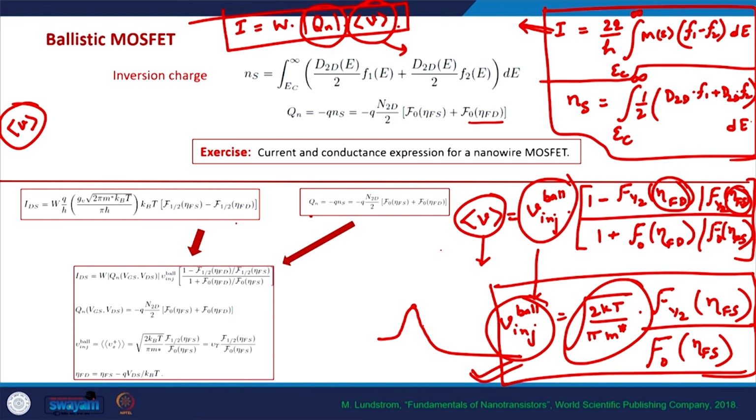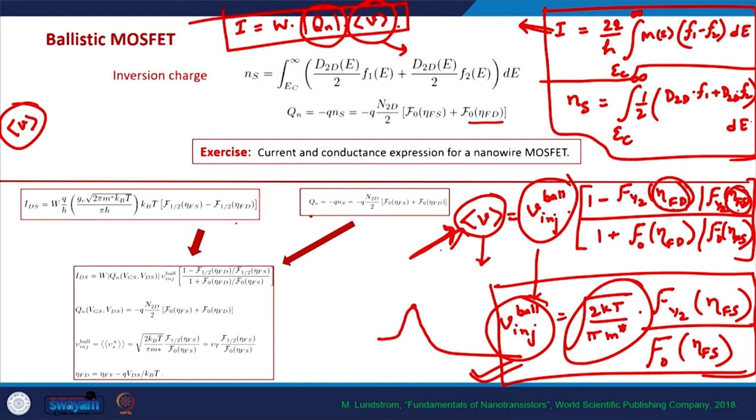And when, in addition to the source voltage, we have a non-zero drain voltage as well, in that case the average velocity right at the top of the barrier is a function of both eta Fd and eta Fs. So it depends both on the source voltage and also on the drain voltage. Okay, so in the transport theory, essentially now we have reached the average velocity at the top of the barrier, which is, I would say, the most important conclusion in MOSFET transport.